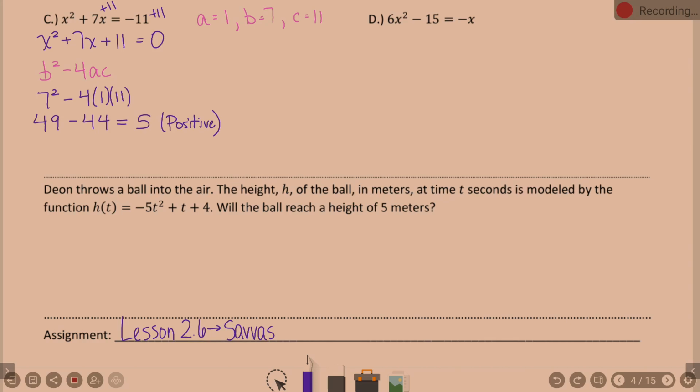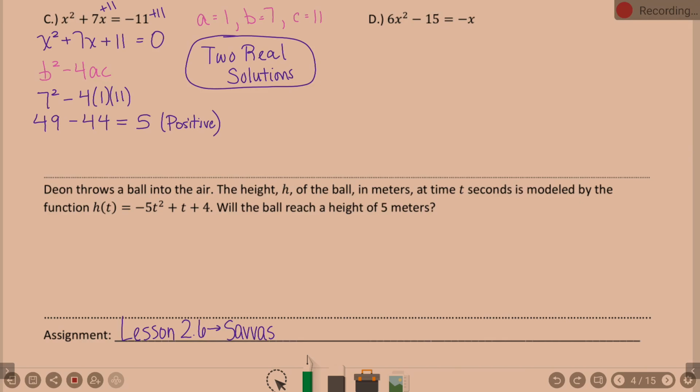Now, let me write this down. And then yesterday, do you remember us talking about rational versus irrational? Think about if this would be rational or irrational solutions. Here's the question.